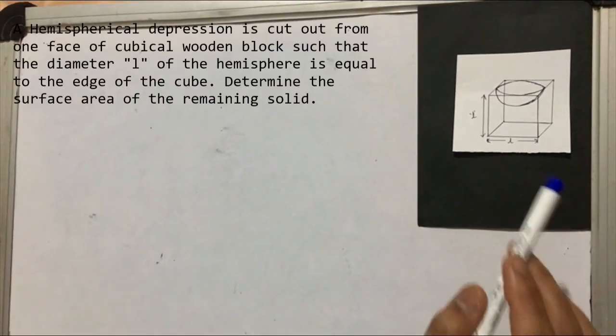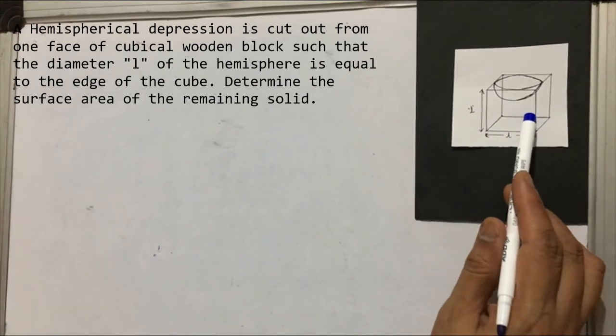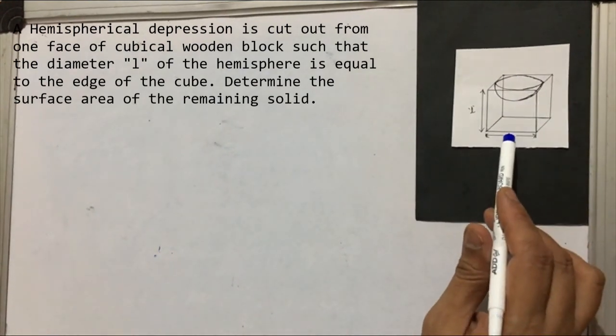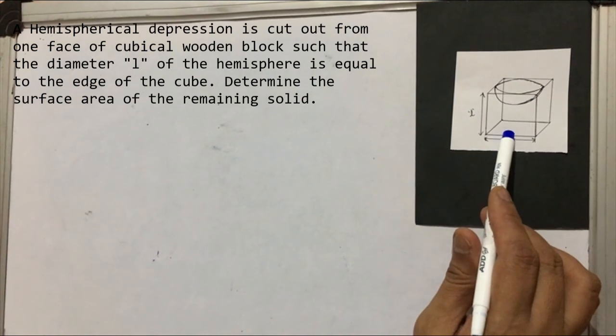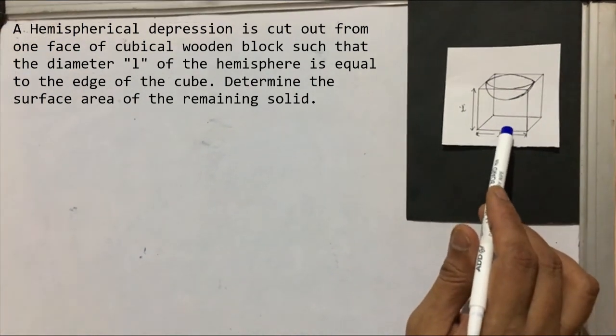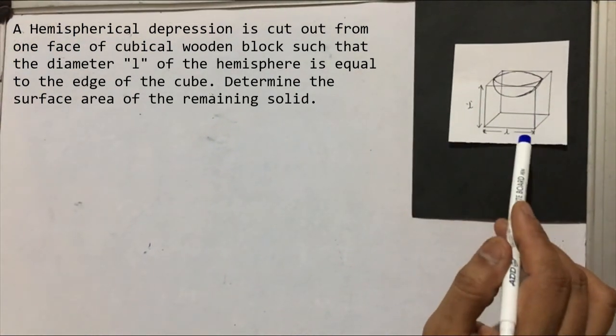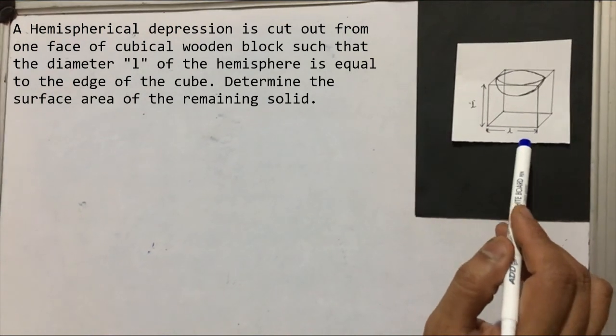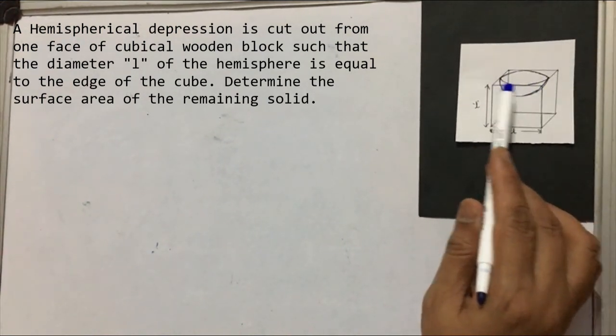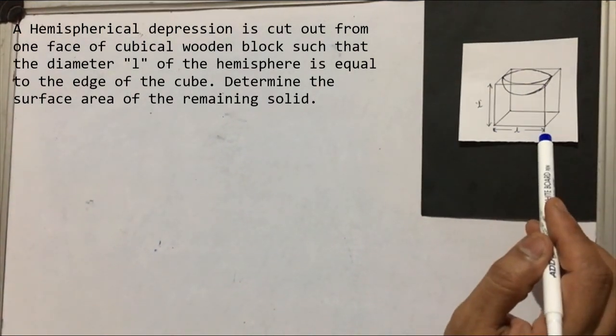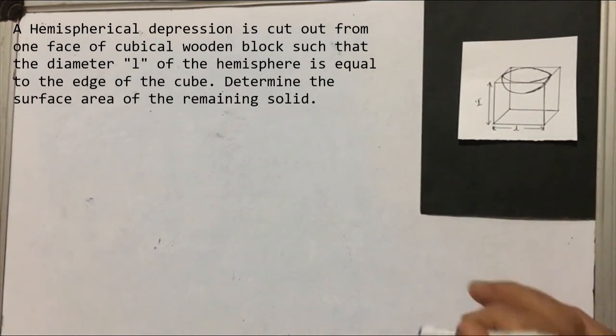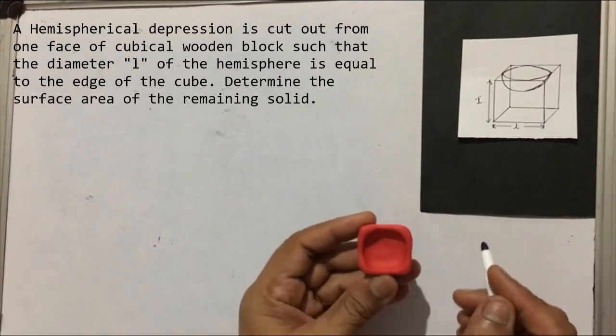Given that a hemispherical depression is cut out from one face of a cubical wooden block, they told us to find the surface area of the remaining solid. Here it is given that the edge of the block is L centimeters, then the diameter of this hemisphere is L centimeters. When the depression is removed, it comes in this manner.